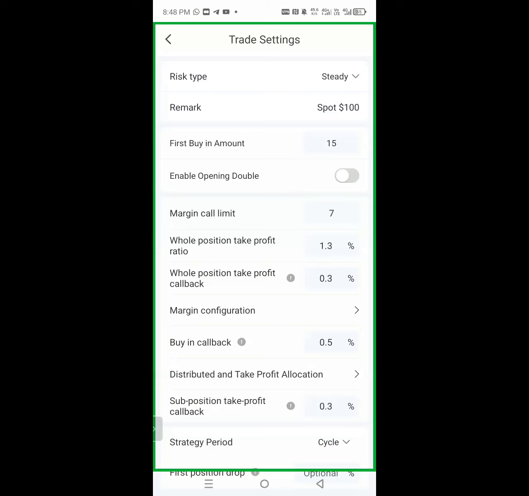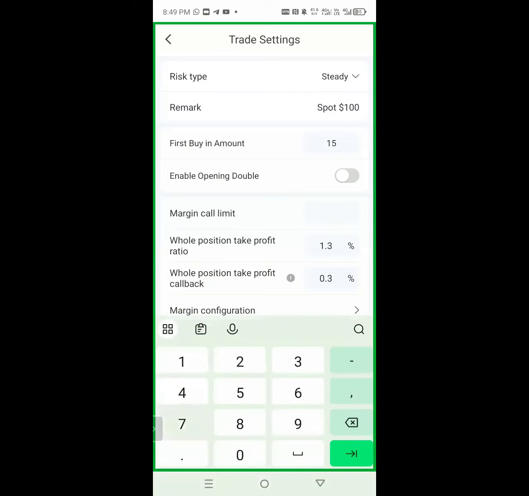So let's say the remaining margins, let's do it 10, 10, 10, 10. So 10 will go into 40 4 times. So total, the margin call limit here will be 7. We have divided the remaining $85 into 7 calls.